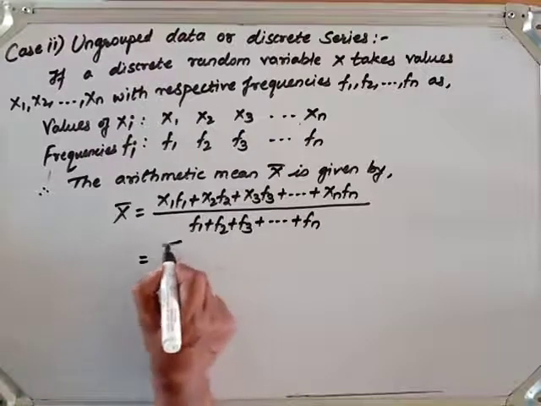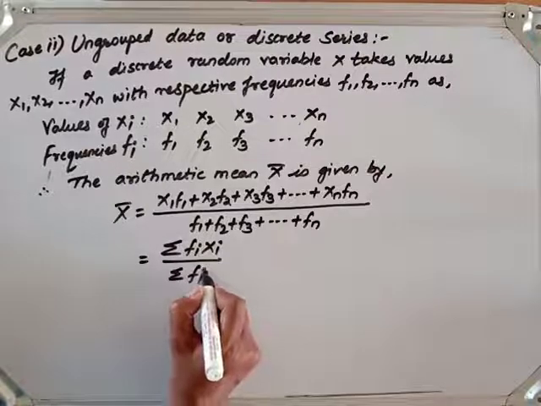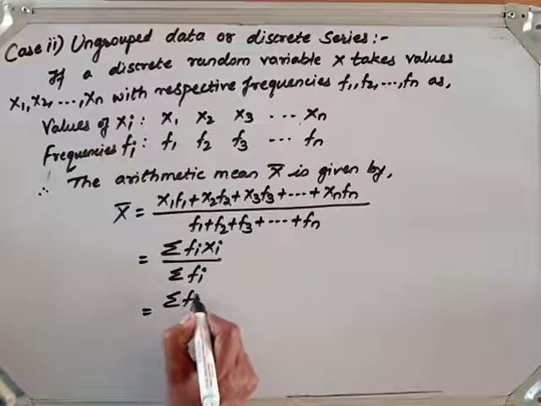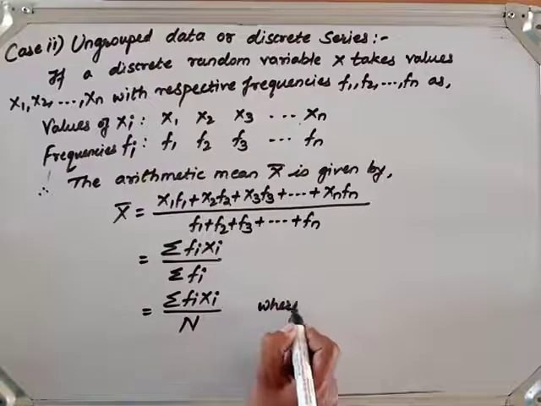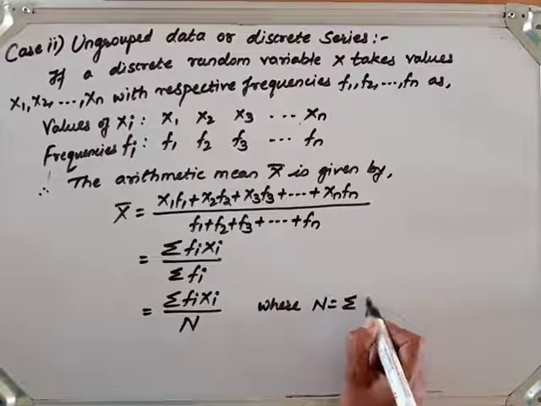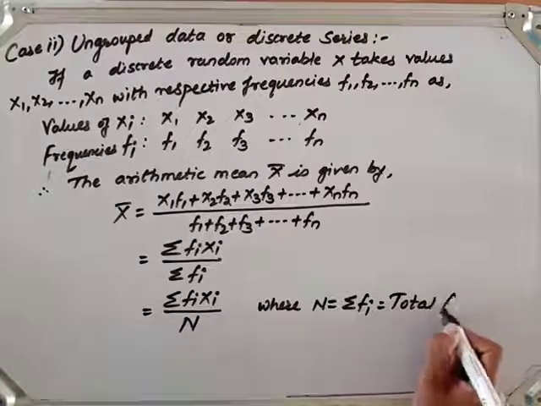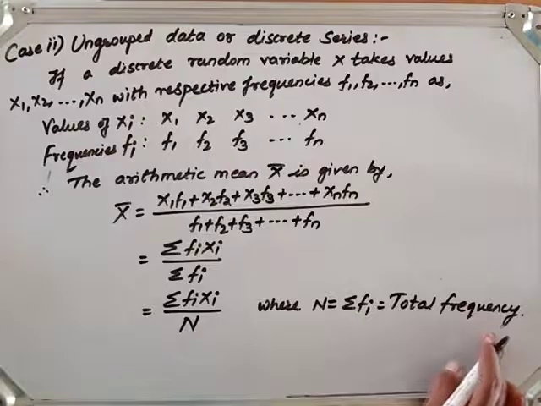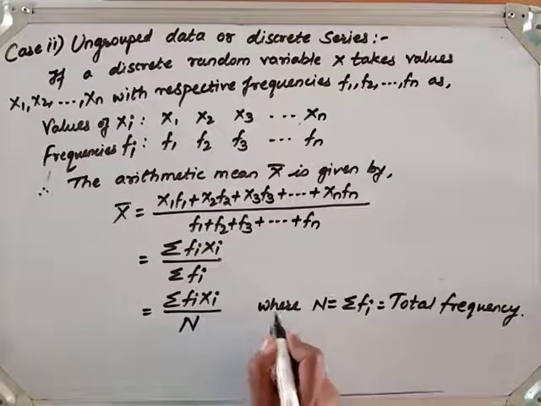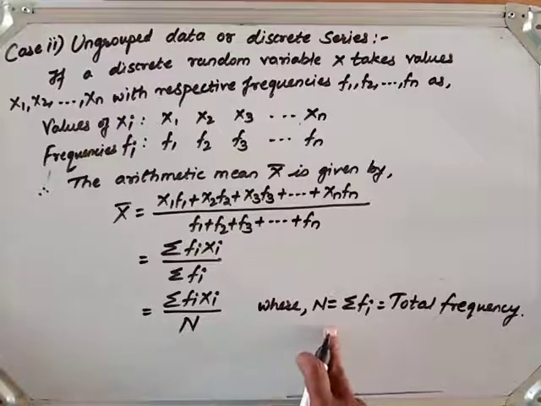So it is summation fi xi upon summation fi, that is the same as summation fi xi upon capital N, where this capital N is nothing but summation fi. This is the notation for total frequency, that is the total number of observations. In an individual series we denote it by small n, and here it is denoted by capital N. It is the sum of all frequencies.